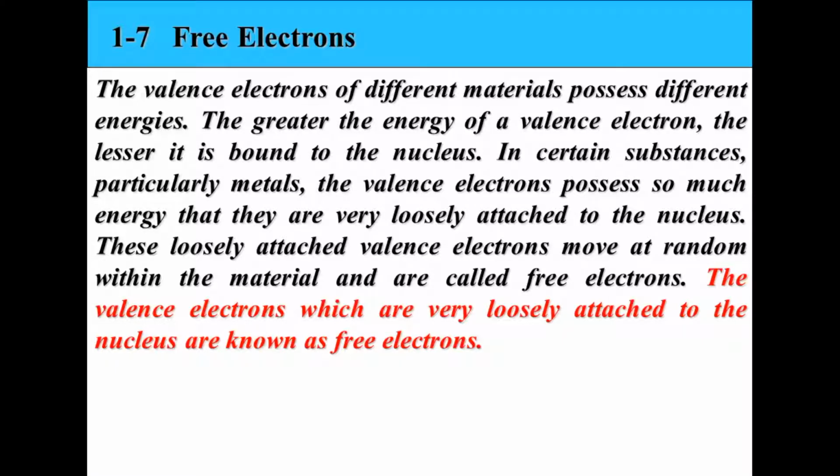Electrons in the second orbit have more energy than electrons in the first orbit, and so on. The greater the energy of a valence electron, the less it is bound to the nucleus, which means that electron is so far from the nucleus.